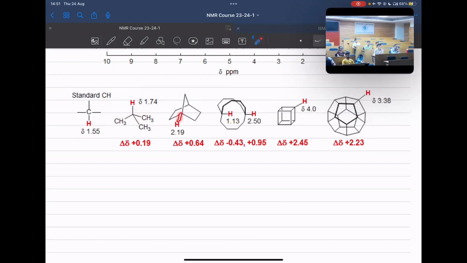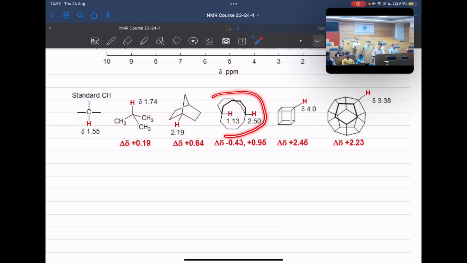The moment you put it in a bridged hydrocarbon, I forget what it's called, 221 norbornane or something, that kind of system, the proton gets even more downfield shifted. Yet again, you are able to see all are literally CH alkanes with no complications or no electronegative groups present. The moment you have different groups, the chemical shift clearly indicates a difference, suggesting differences in the electronic environment it is exposed to.